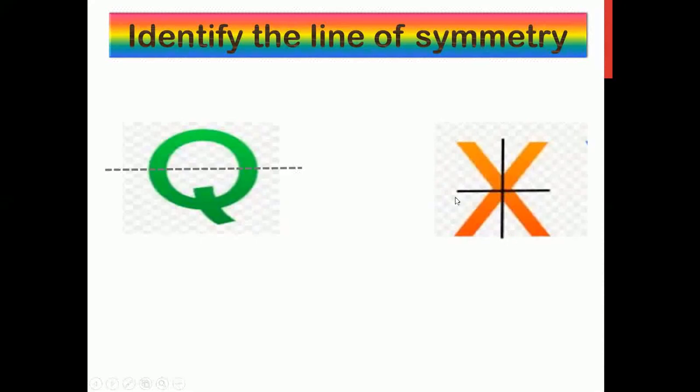This one, here and here, both are identical, and the horizontal line, if you see the horizontal line, this side and this side both are identical. So the conclusion is both the lines are lines of symmetry.